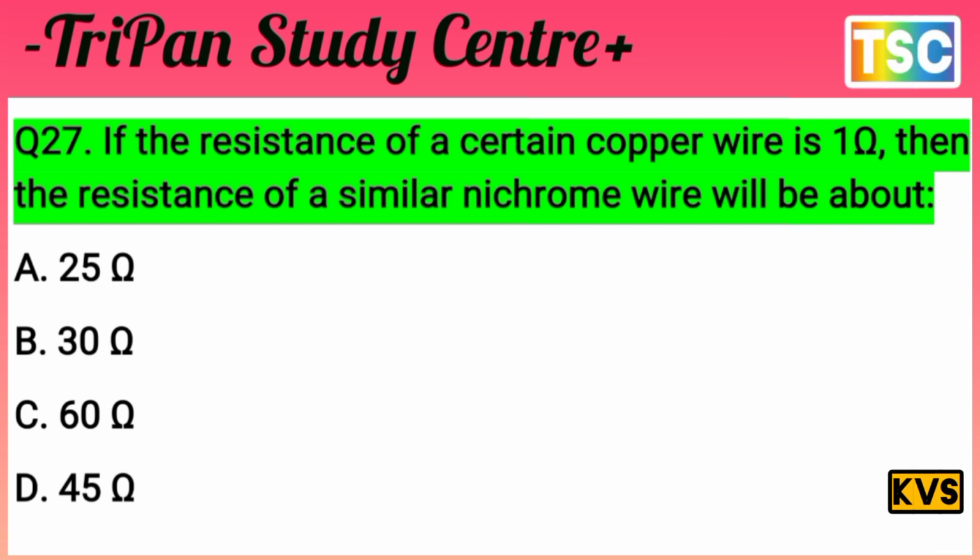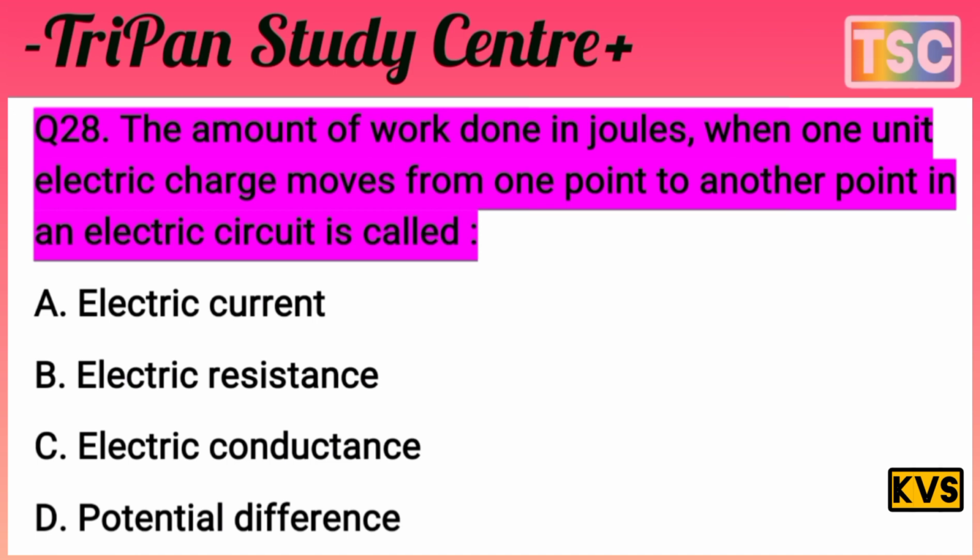Let's see the next question. The amount of work done in joules when one unit of electrical charge moves from one point to another point in an electrical circuit is called: A, electrical current; B, electrical resistance; C, electrical conductance; D, potential difference.